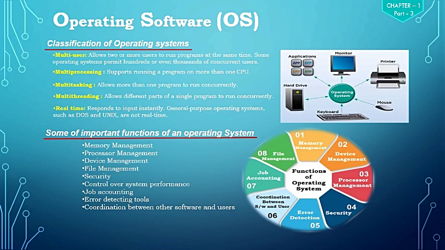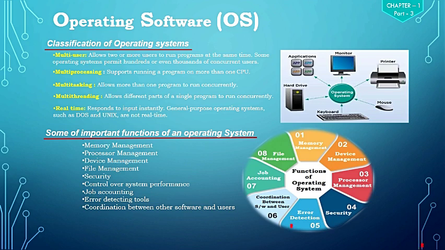Second is the device management. It controls all the connected peripherals as well as the internal components of the computer system. If any device is not running properly, it shows a message. Then processor management. It manages two or more processors concurrently on a computer system.